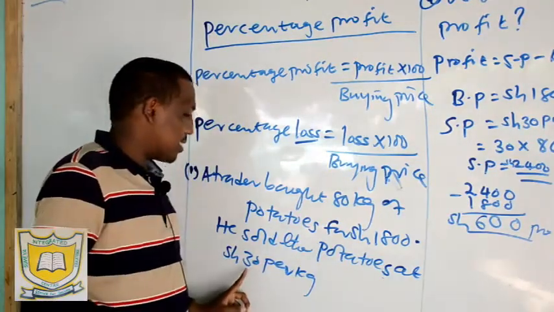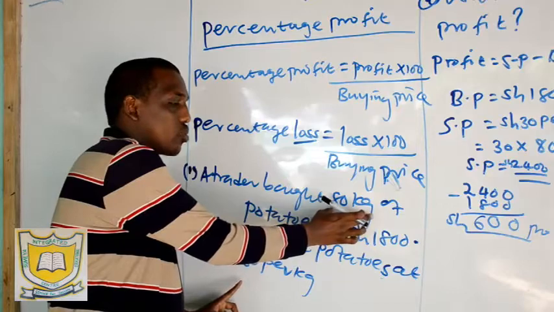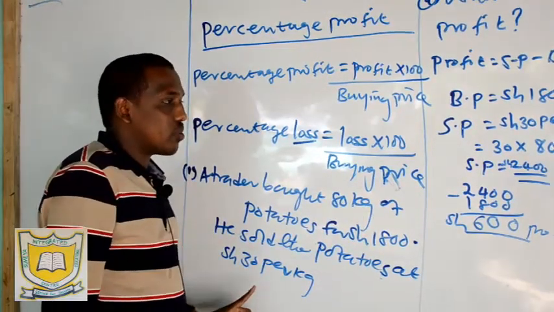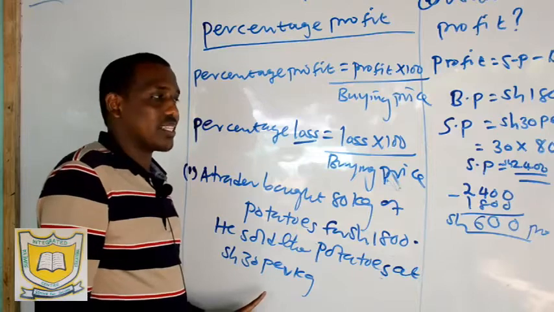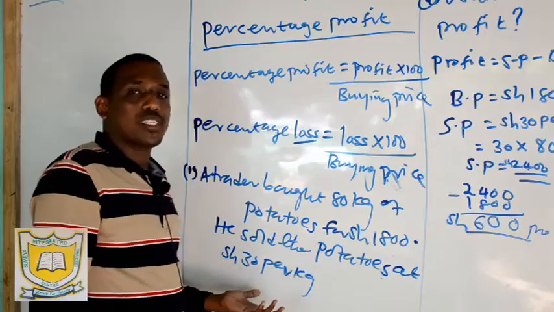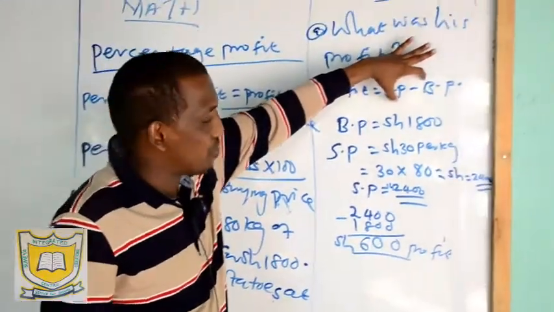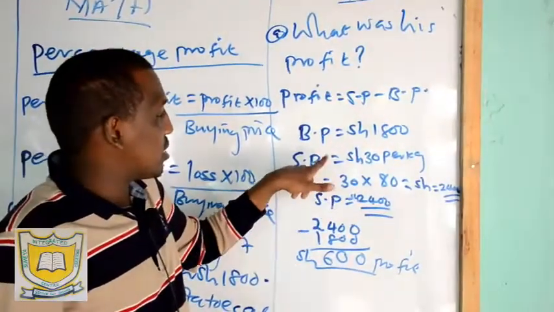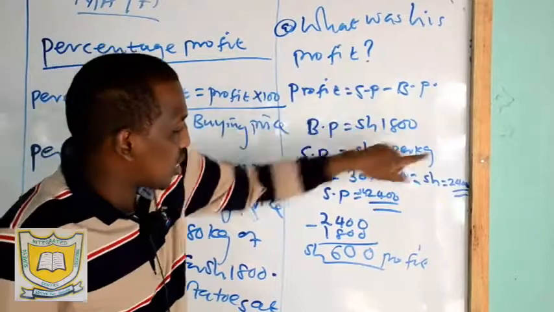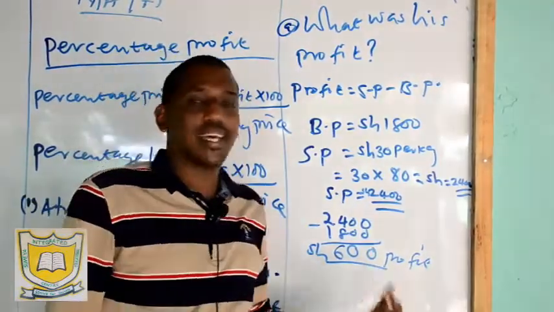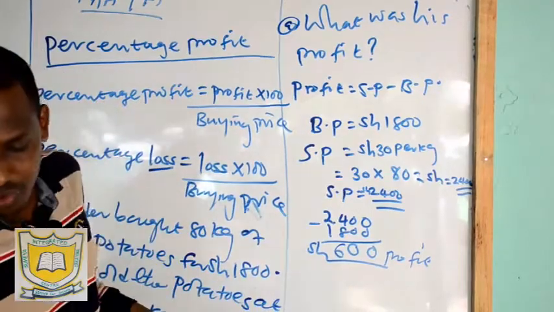How many kgs are we given? 80 kgs. 80 times 30, you will get 2400. That is the selling price. Profit is equal to selling price minus buying price, which is 2400 minus 1800, so you will get shillings 600. That is how we get the profit.